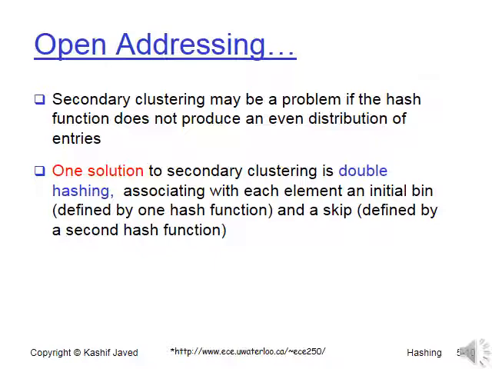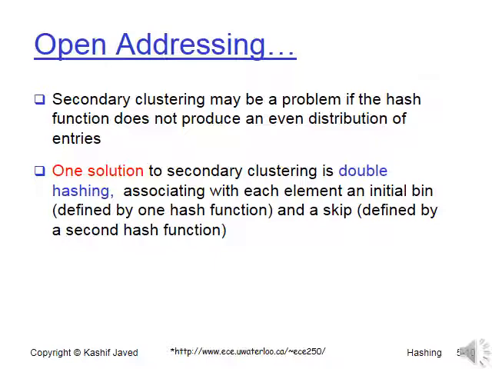There exist techniques that eliminate secondary clustering, and the one that is most popular is double hashing. Double hashing associates with each element an initial bin defined by one hash function and a skip defined by a second hash function.